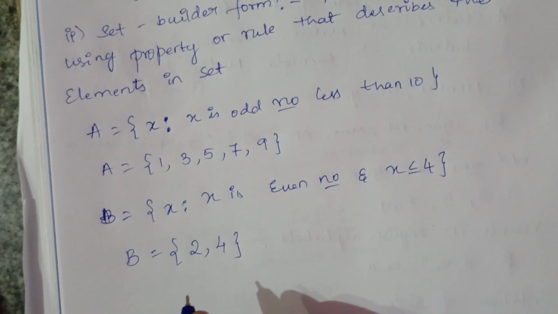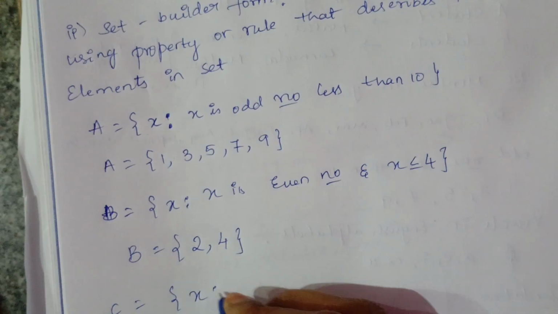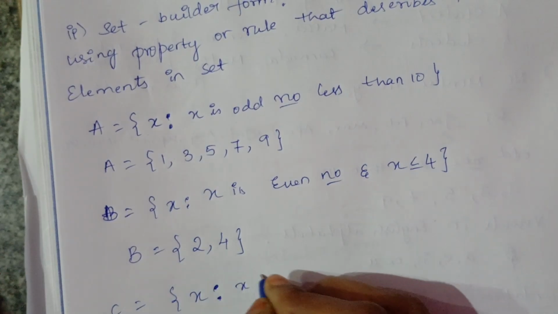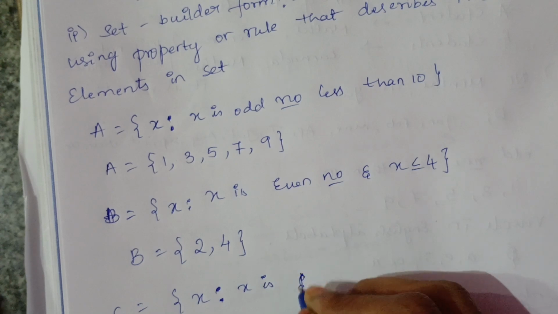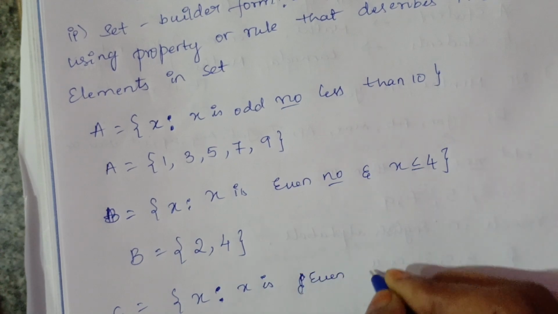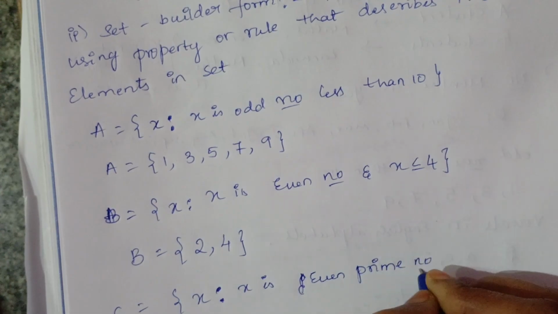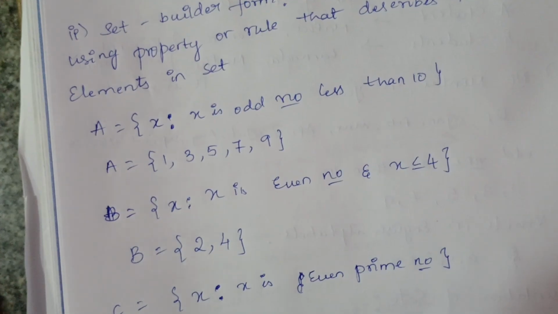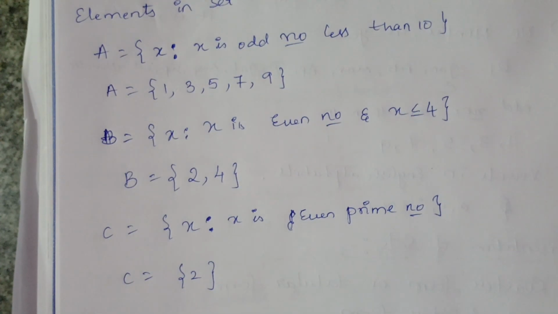And one more: C equals {x : x is an even prime number}. The even prime number is only one, that is 2. This we call set builder form.